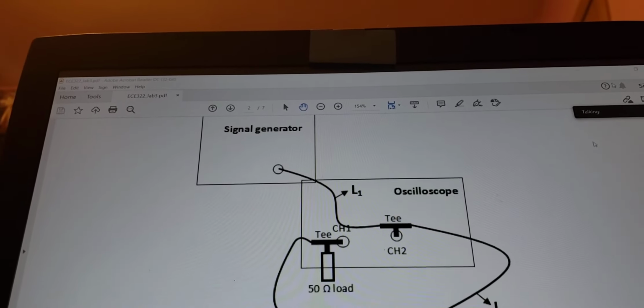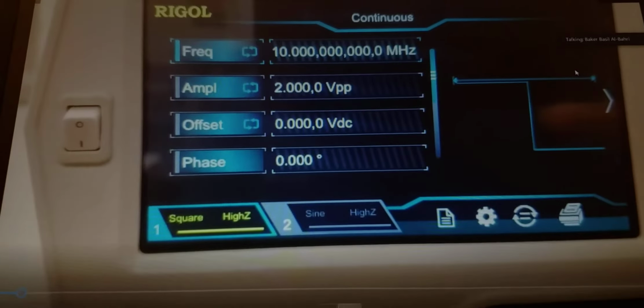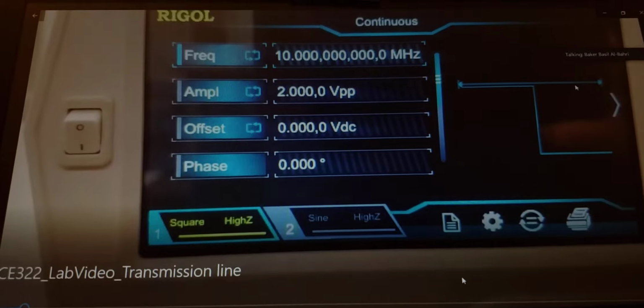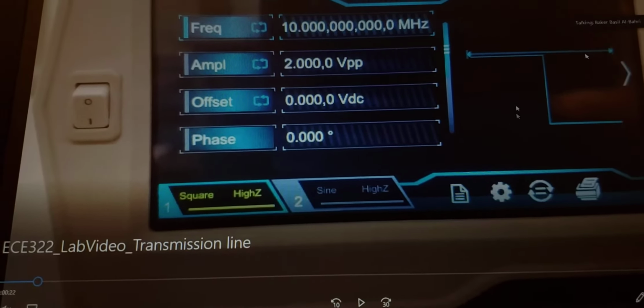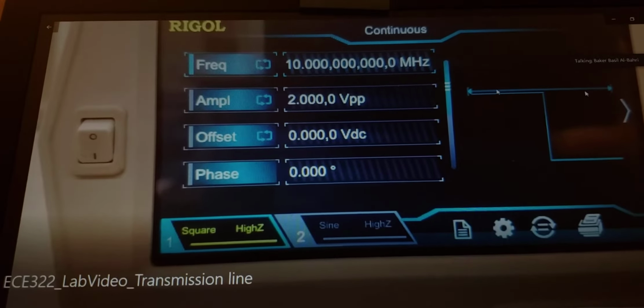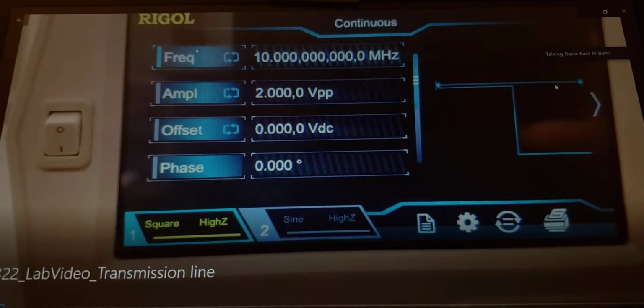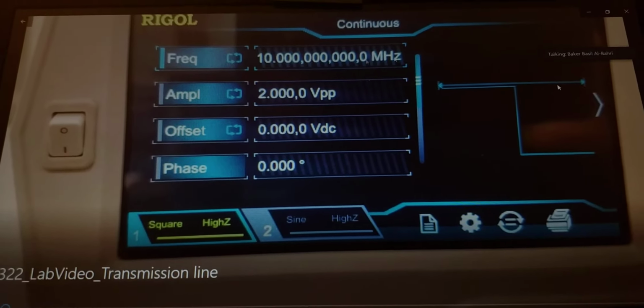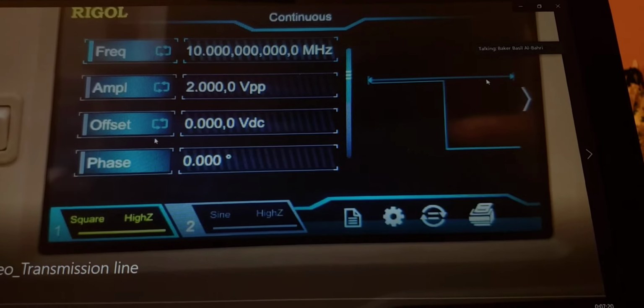This is an experiment with 3 transmission lines. This is the function generator we use in the lab, and here we have a square wave. We can use any signal. We define the frequency 10 megahertz, amplitude 2 volts peak to peak, 0 offset, 0 phase.